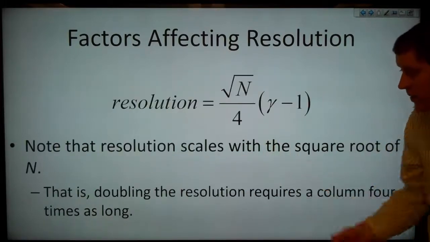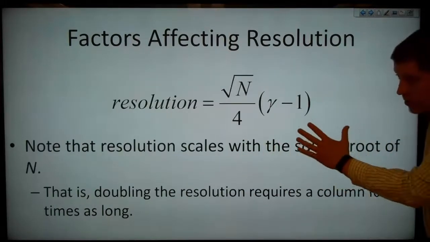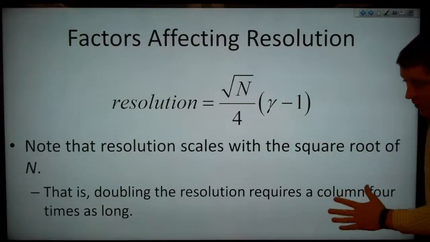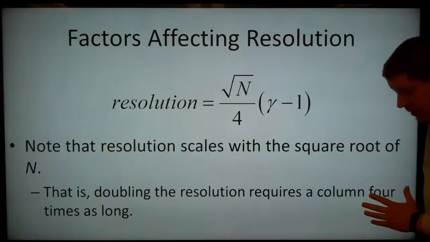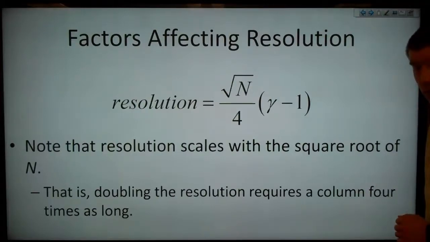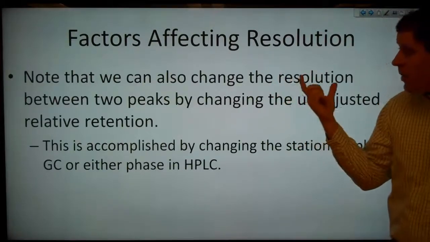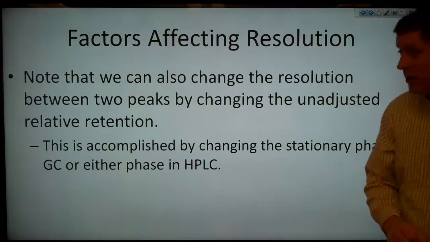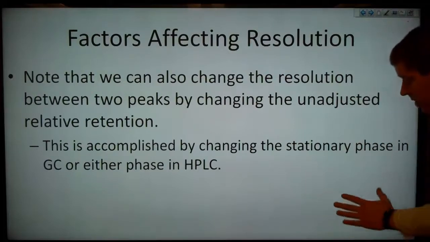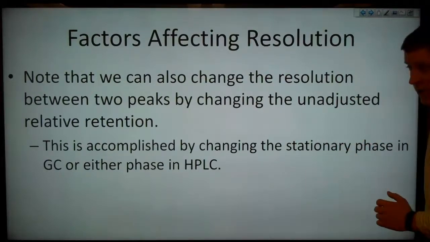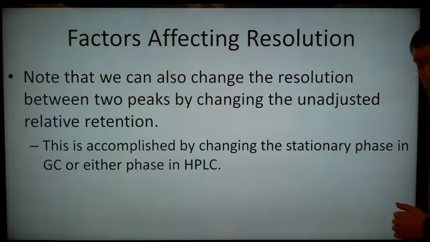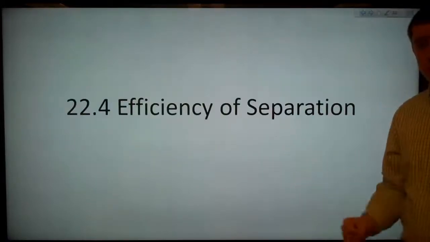Note that the resolution scales with the square root of the number of theoretical plates, N. That is, doubling the resolution requires a column that is 4 times as long. Now note that we can also change the resolution between two peaks by changing the unadjusted relative retention. This is accomplished by changing the stationary phase in gas chromatography, or either the stationary or the mobile phase in HPLC. So that was efficiency of separation.